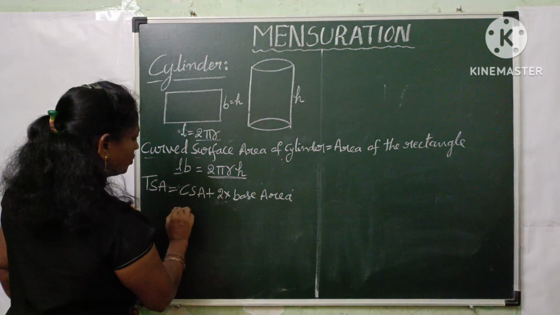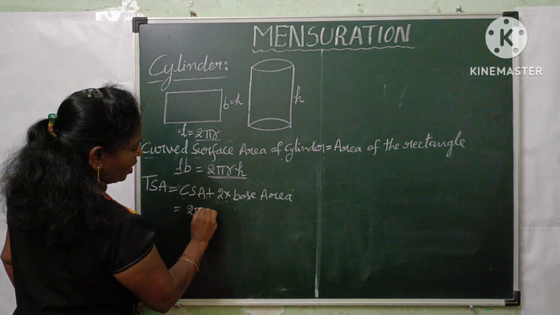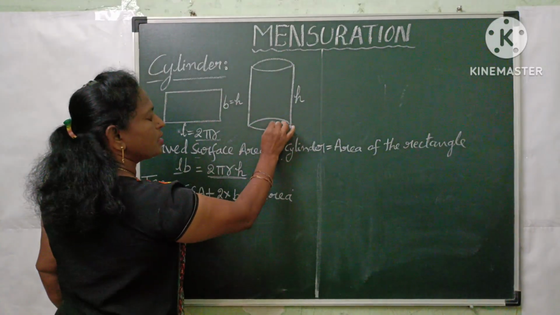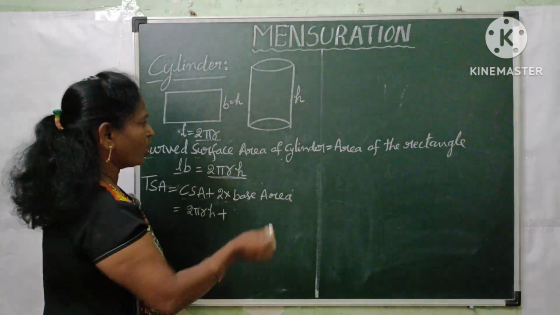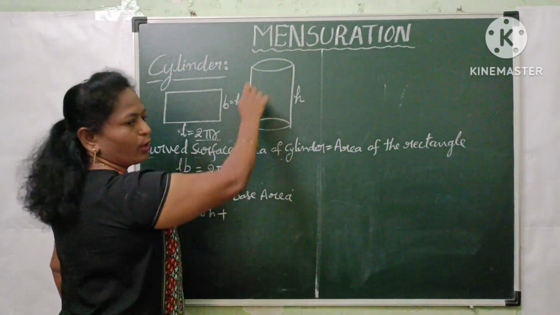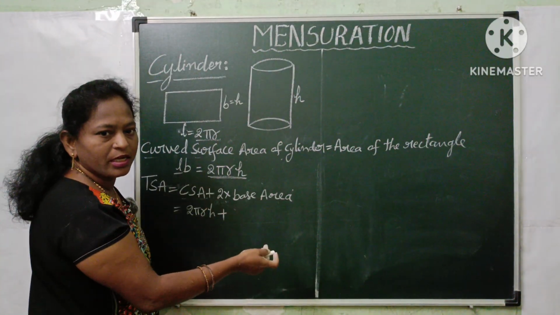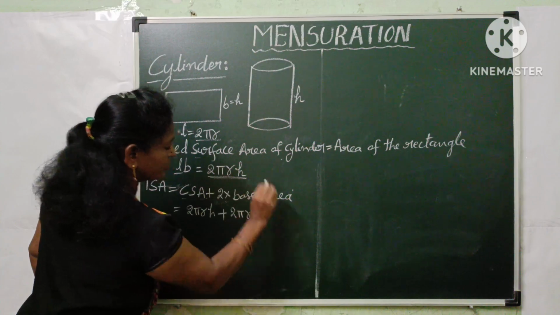So CSA is 2 pi r h, plus the base area, 2 into pi r square, which is 2 pi r square.